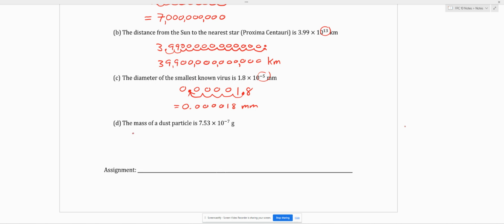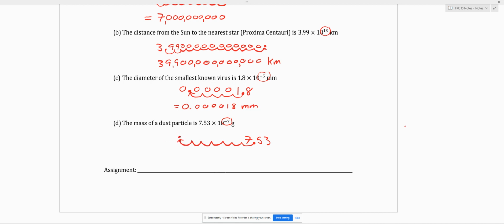Last one, mass of a dust particle. Super light. So this is a really, really, really tiny number. So again, I'm going to start with 7.53. And this -7 is telling me move it left 7. So carefully count 1, 2, 3, 4, 5, 6, 7.